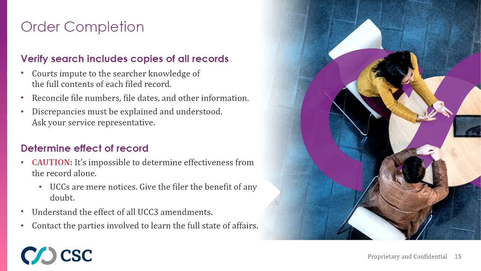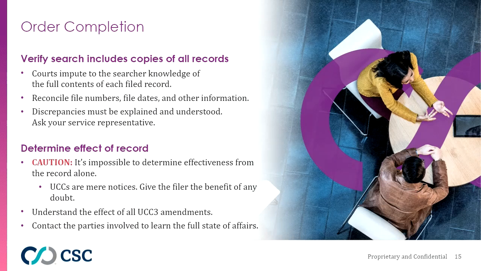We will dive into them, we will explain them to you, and we will work to resolve any issues that are found. Now, determining the effect of record. This is just something that Eric discussed briefly, and just to harp on this again, UCC filings are mere notices. They're mere public notices. They give the filer the benefit of any doubt.